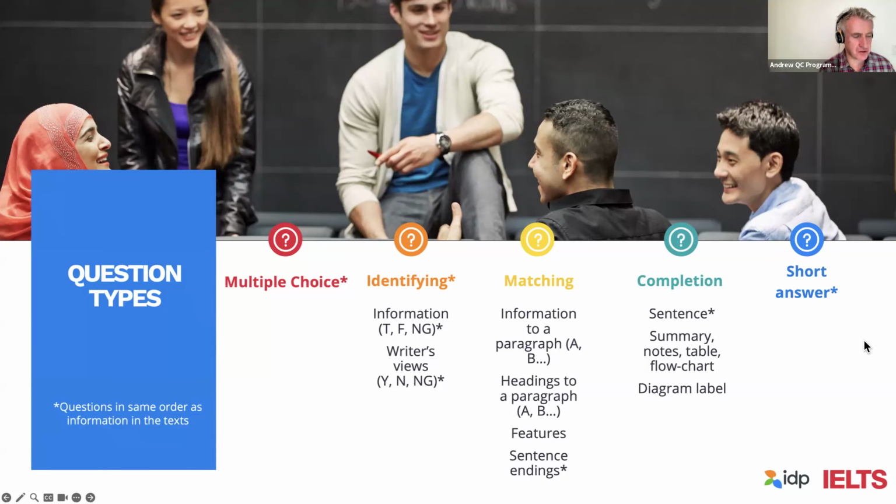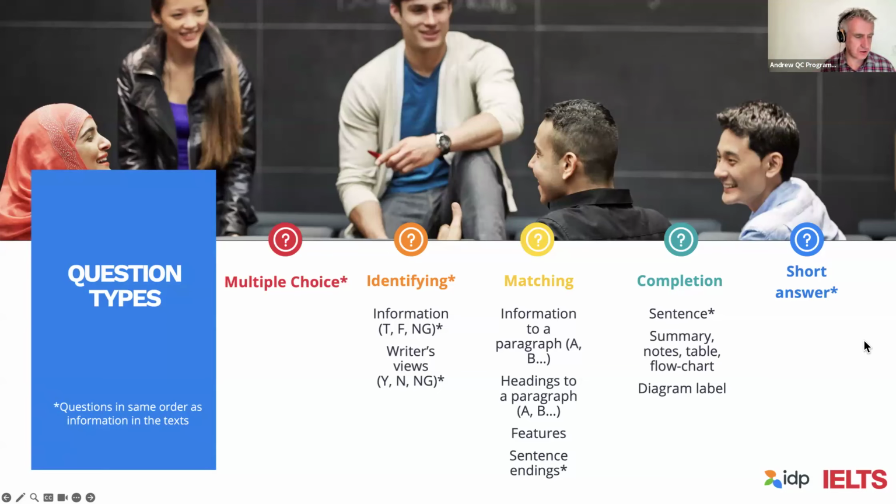Familiarize your students with the full range of question types used, as they test different skills. Now, the answers come in the same order as the questions for most of these questions, except the ones with the asterisks, the little stars. So this helps them to find where to look for the right answers.